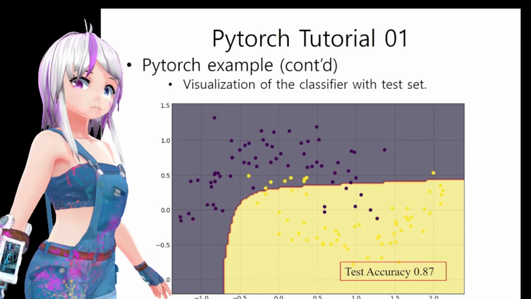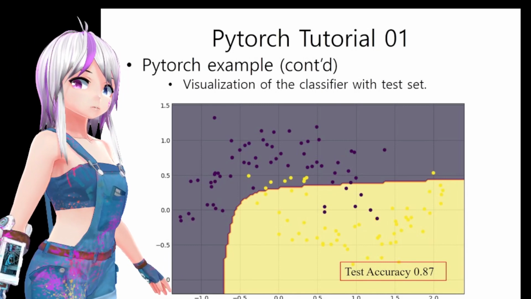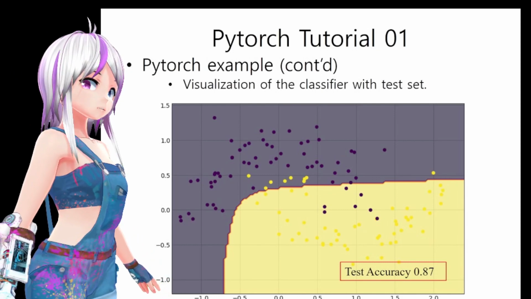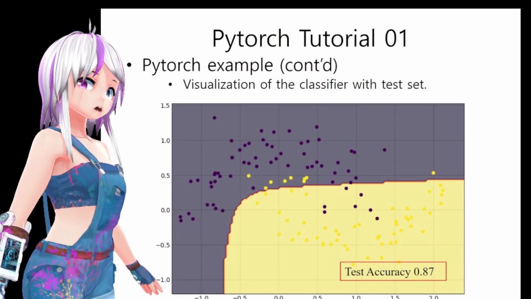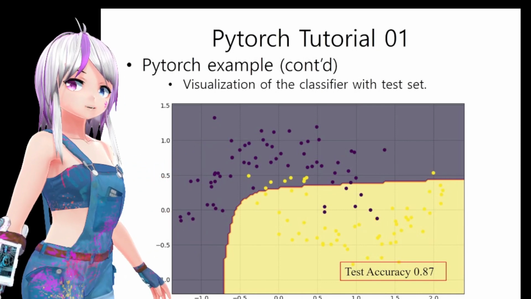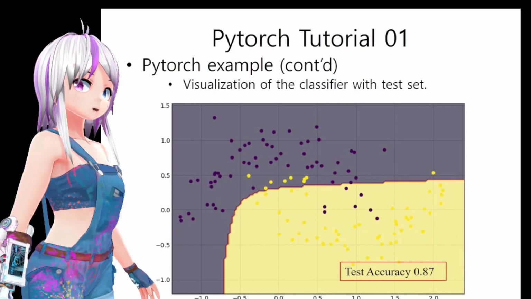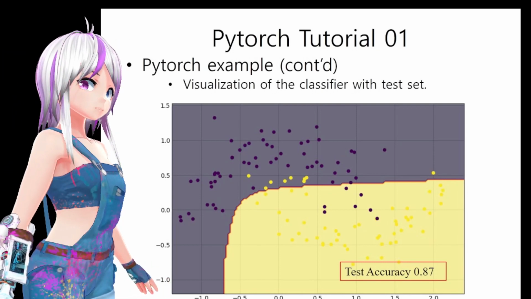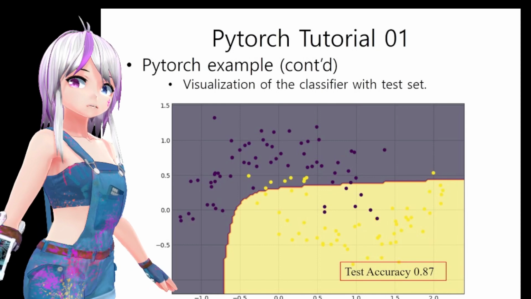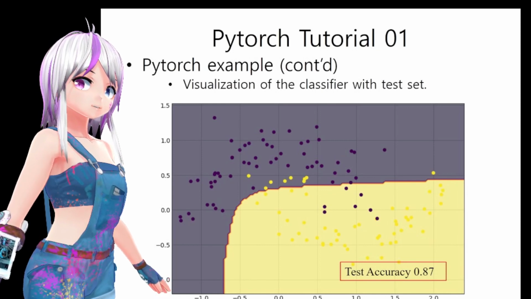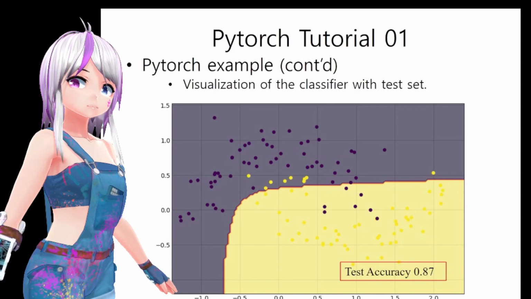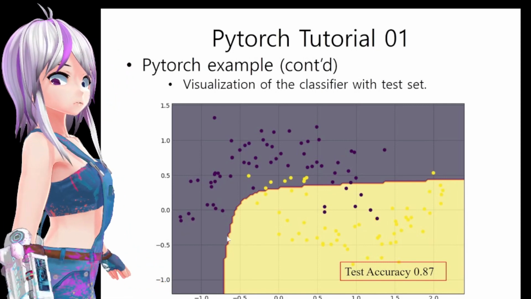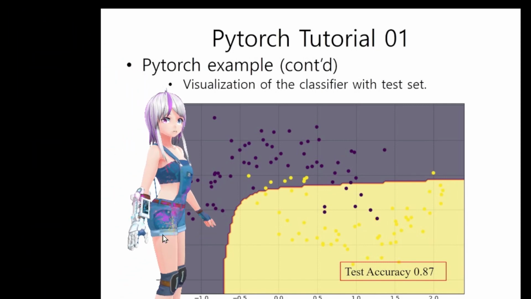We have some false positives, which are the yellow dots, and false negatives, which are purple dots in the area of the yellow region, which is maybe the negative region. On top we have a positive region, probably. So we have this hyper curve over there that actually separates those binary classes.